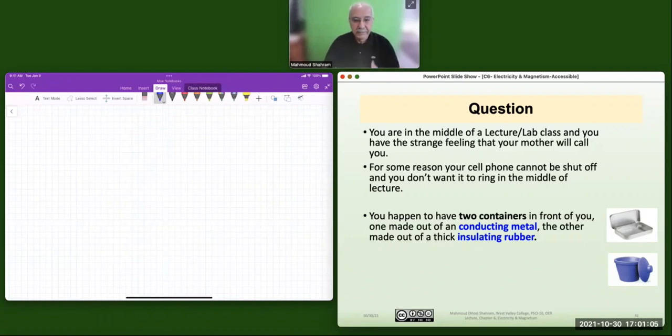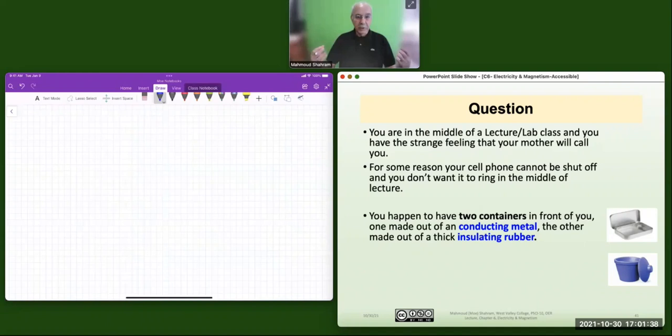Have your friend call you and choose two containers, one very thick rubber container and one metal container, and you see that in the insulating rubber you would hear the ring, but when you put it in the metal container you don't hear anything. Why? Because you have shielded the electric field.